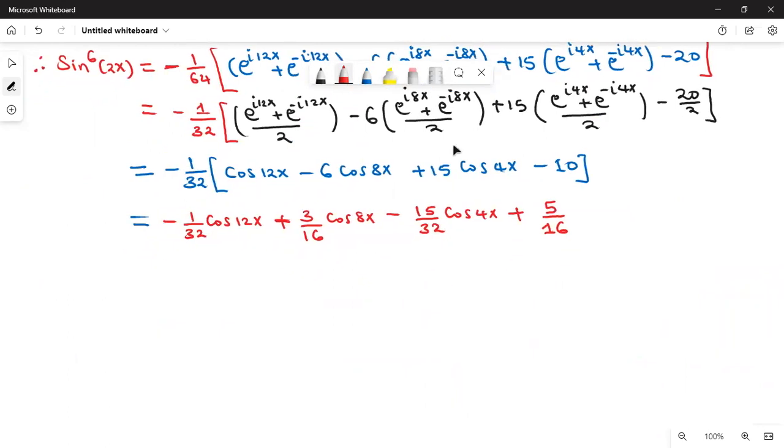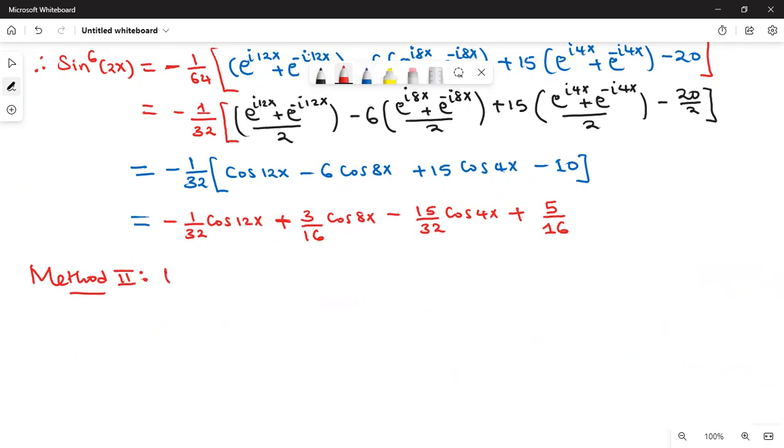So method 2, you're going to write this. Let me write here: method 2. For method 2, we are going to use de Moivre's theorem.